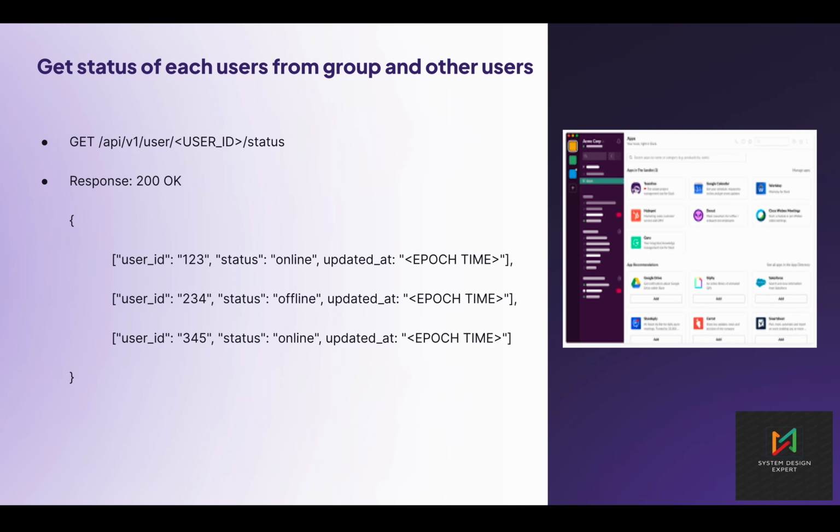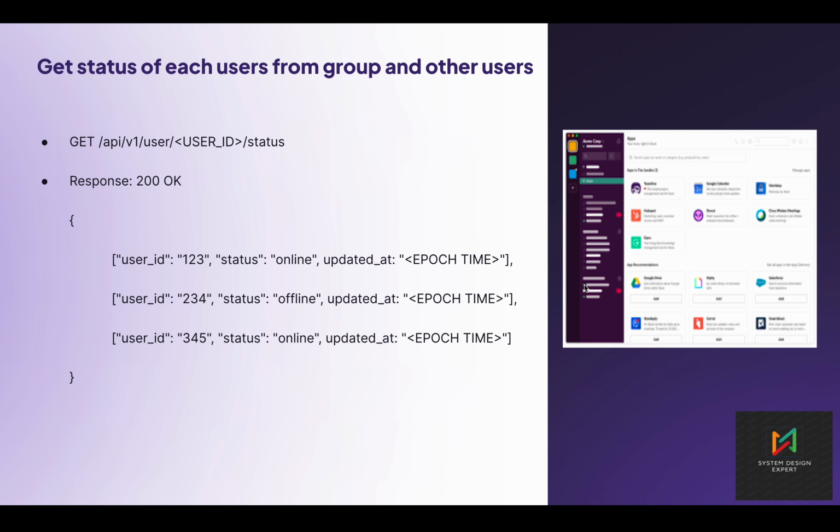The second one is getting the status of each user from a group or from the available screen for a specific user. It's a kind of difficult thing to notice, so let's see this with an example. This is a Slack screenshot. I'm not sure how much is visible, but say these are the users, these are the channels, these are again users.